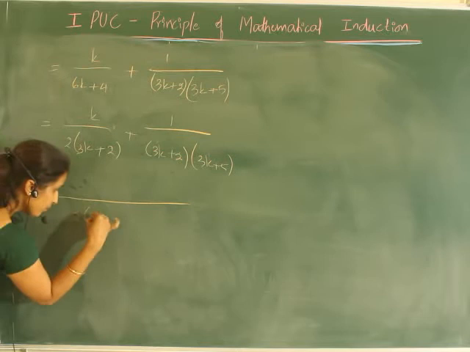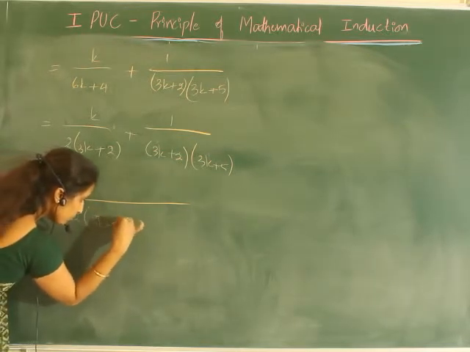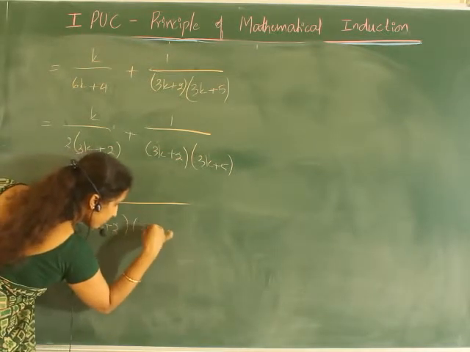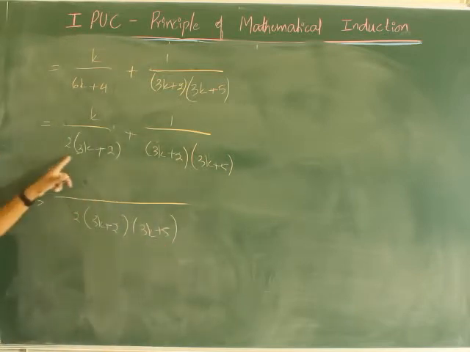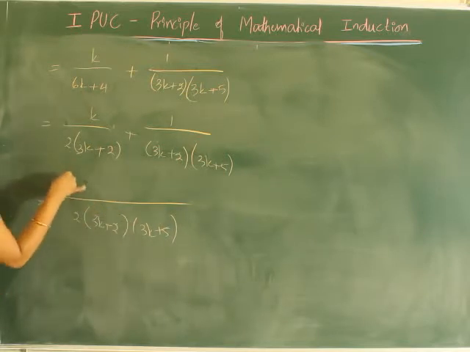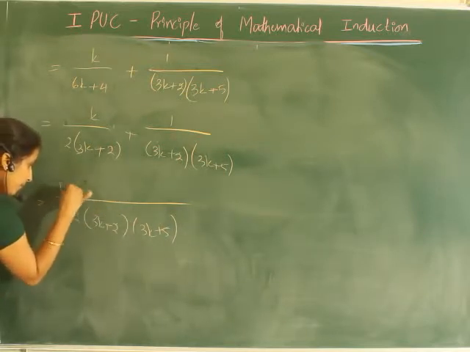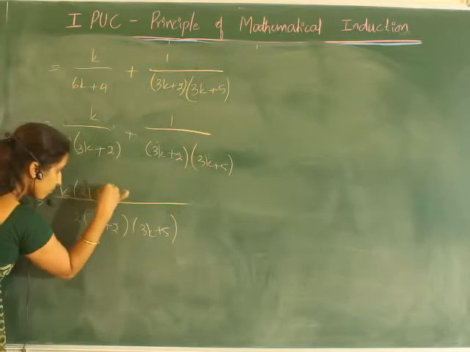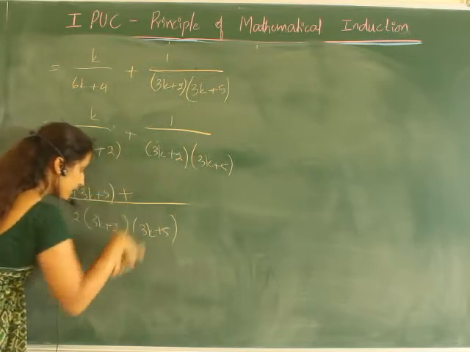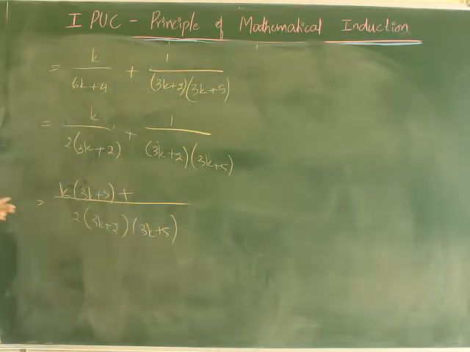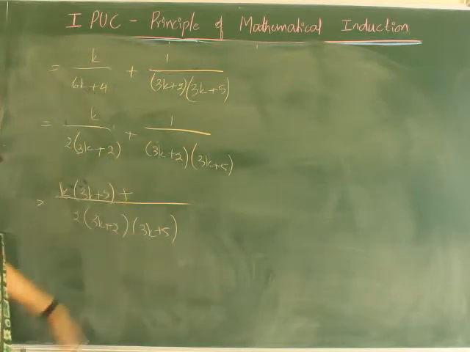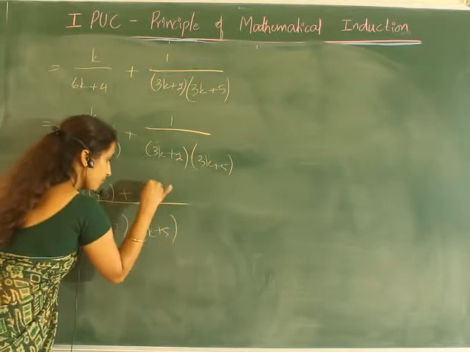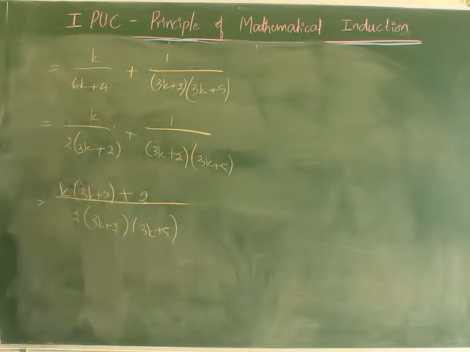So 2 into 3k plus 2 is there, so only I have to multiply k into 3k plus 5, plus here 3k plus 2, 3k both are there, only 2 is missing, so I have to multiply by 2.